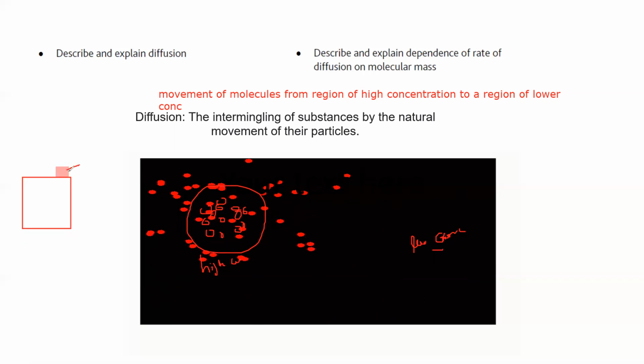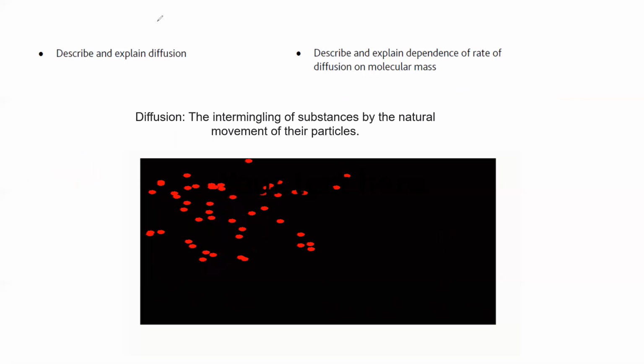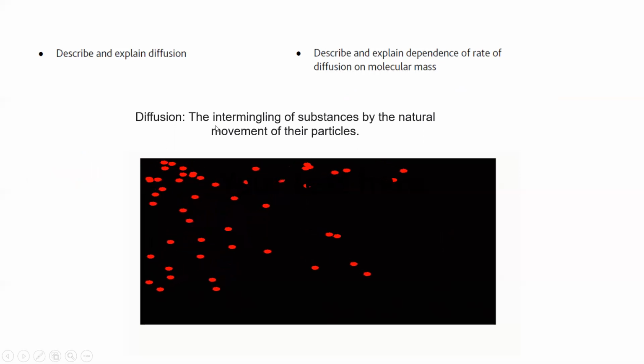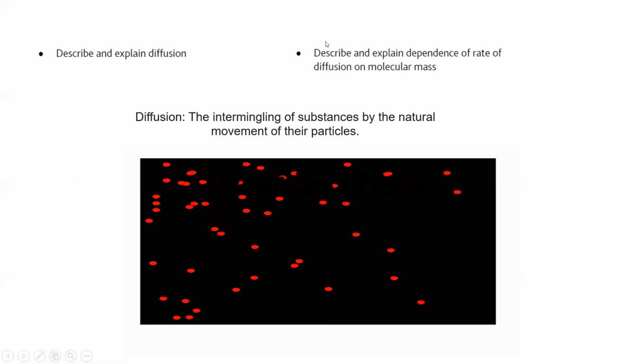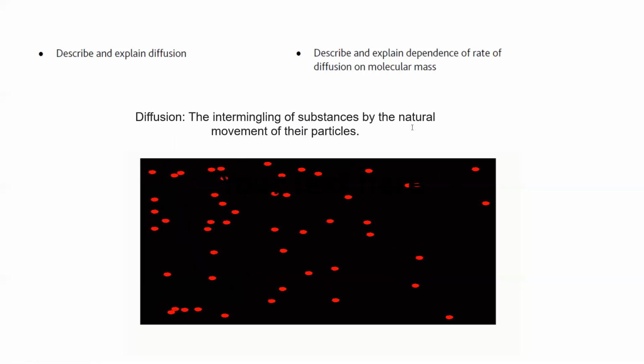When you spray this perfume, these droplets come out, and in this region you have a higher concentration of the particles. But as these particles move from a region of higher concentration to a region of lower concentration, another person at position A can smell this perfume, and that is due to a process called diffusion. So the net or resultant movement from a region of higher concentration to lower concentration is simply known as diffusion. And diffusion can occur.